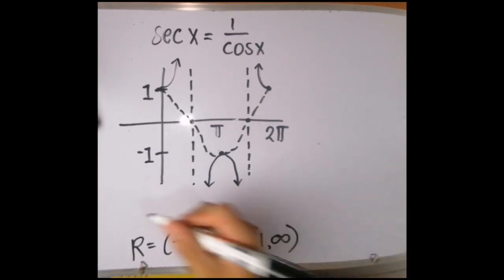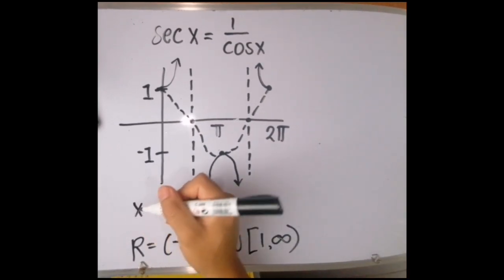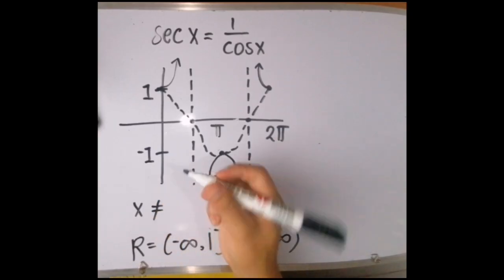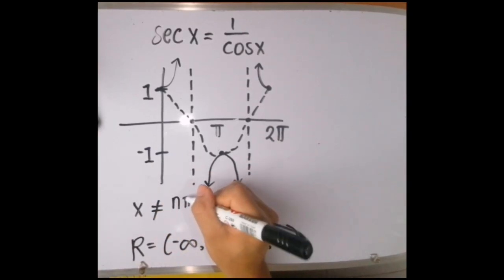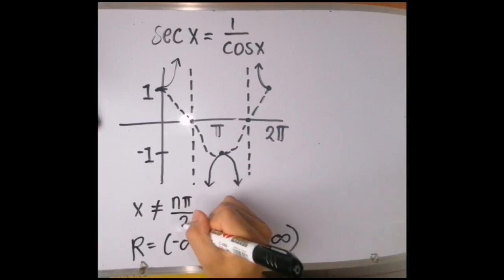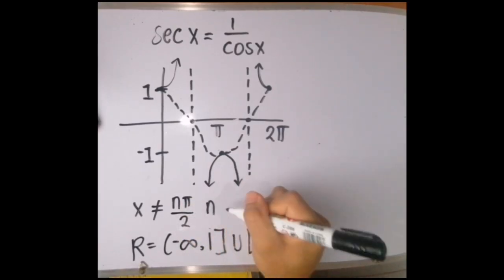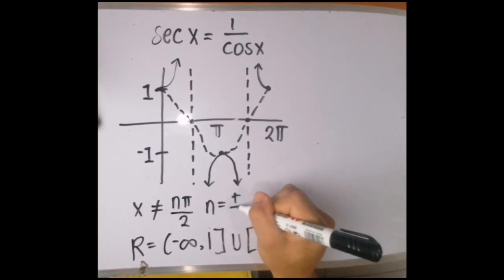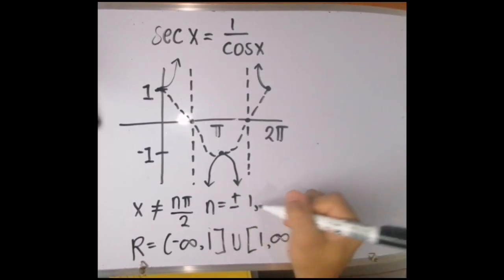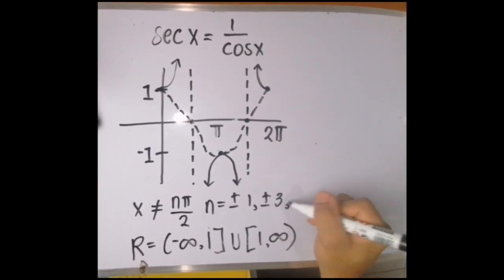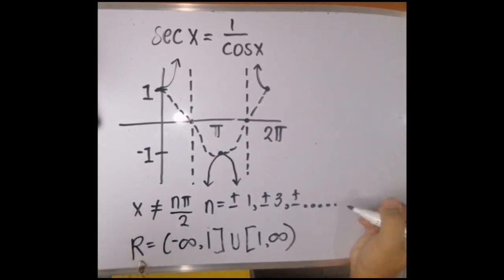While its domain is x not equal to n pi over 2, where n equals plus or minus 1, plus or minus 3, and so on and so forth.